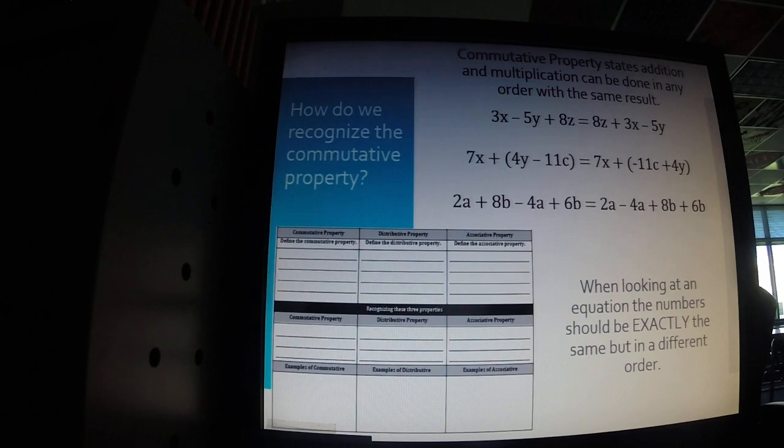So let's look at that for a second. So this first equation that I gave you as an example, this first number right here, this is 3x, right? So this was my first number. And then my second number, let me change colors here. I think I know how to do that.